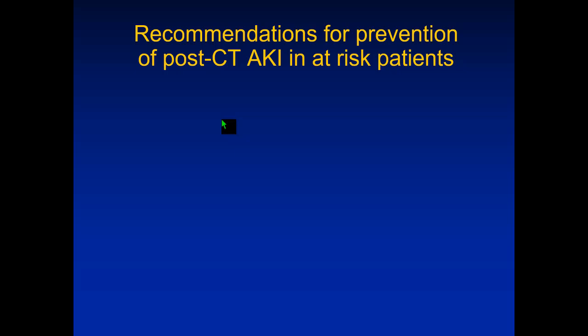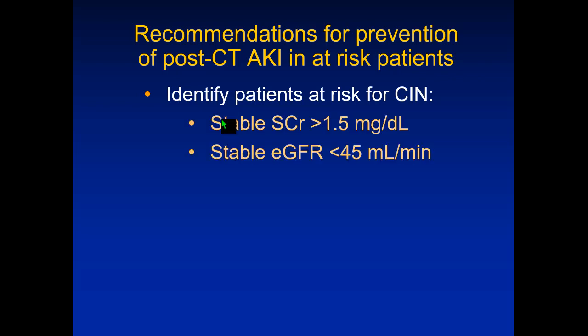But it is an independent factor, and we need to be aware of that. So what should we do? Well, the first thing we should do is we should identify the patients who are at risk for CIN. And those include patients who have a stable serum creatinine that is greater than 1.5 or a stable eGFR that's less than 45.